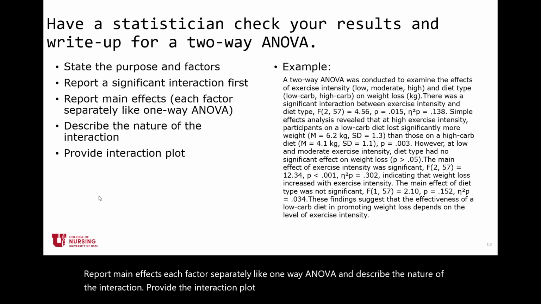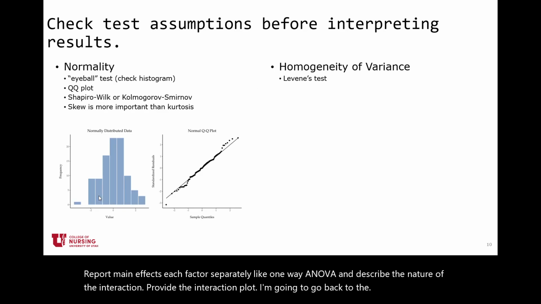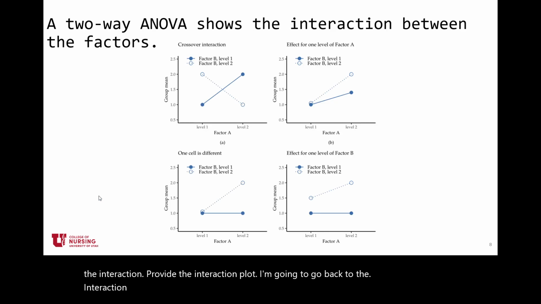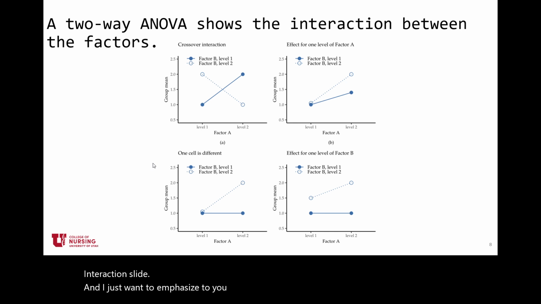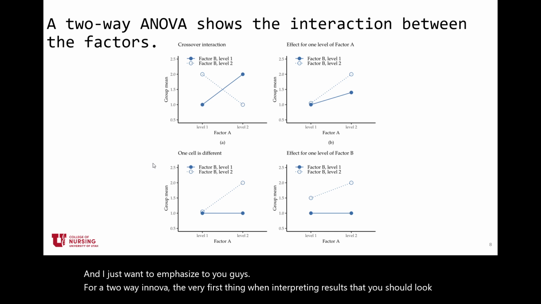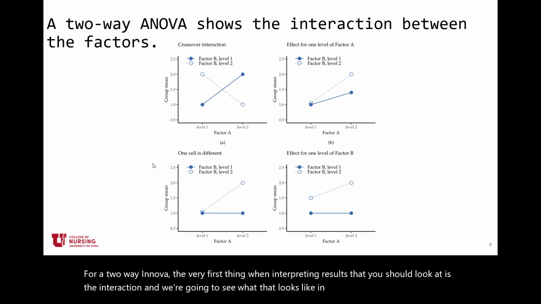I'm going to go back to the interaction slide, and I just want to emphasize to you guys, for a two-way ANOVA, the very first thing when interpreting results that you should look at is the interaction, and we're going to see what that looks like in the computer assignment.